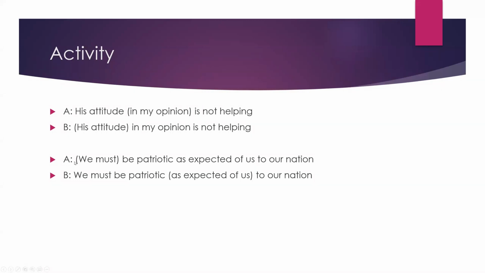Now we move on to the second one here. "We must be patriotic as expected of us to our nation." "We must be patriotic as expected of us to our nation." Now, which one of those is correct? Okay, is it A or is it B?